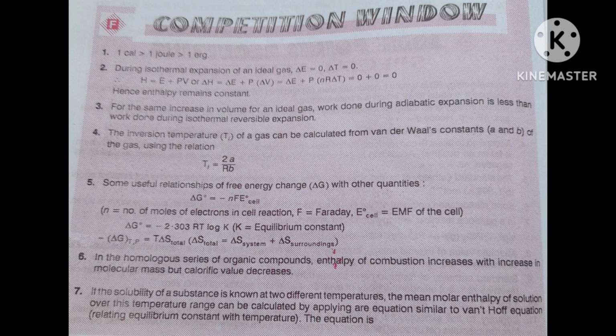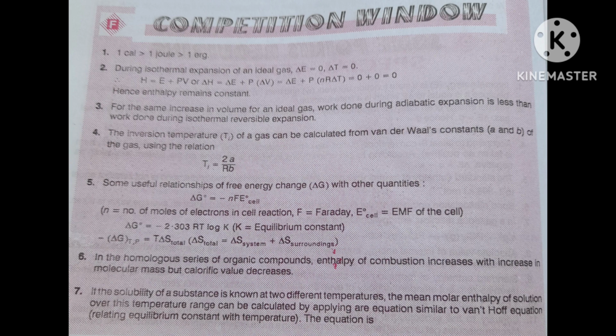Where delta S total is equal to what? Delta S total is equal to delta S of the system plus delta S of the surroundings. Remember, delta S total is the change in entropy of the system plus the change in entropy of the surroundings.